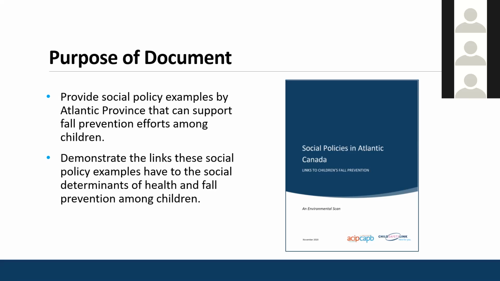So we understand that providing financial assistance in that form doesn't automatically mean that a family will use that money to purchase safety equipment, but as stakeholders, we can help raise awareness to these opportunities and also work with families to ensure that their basic needs are being met that allow for safety interventions to take place. So we just want to make that important note moving forward as we share some of the examples that we highlight in the report.